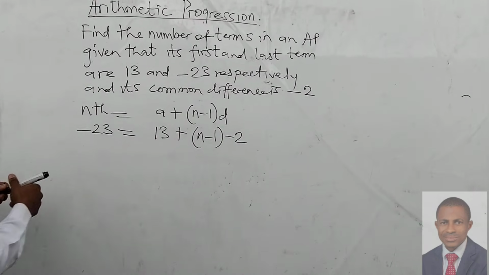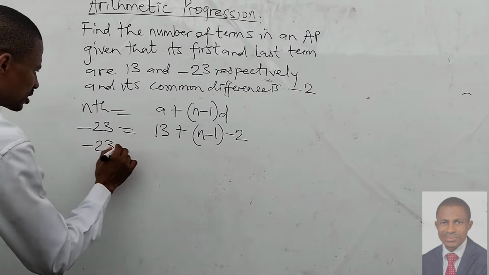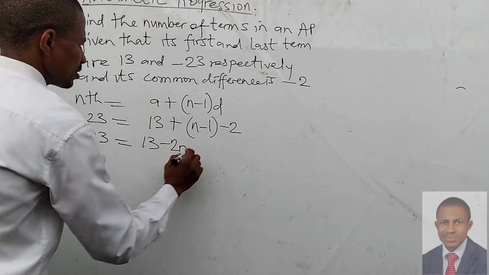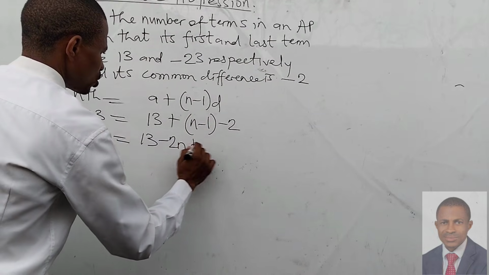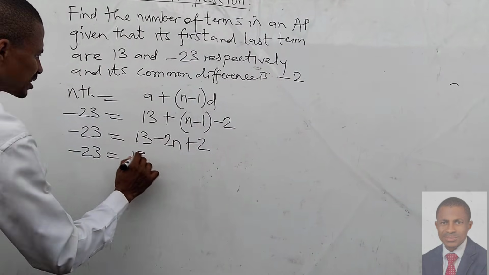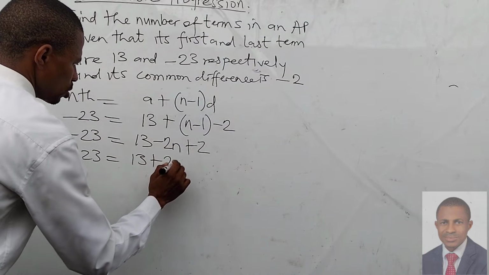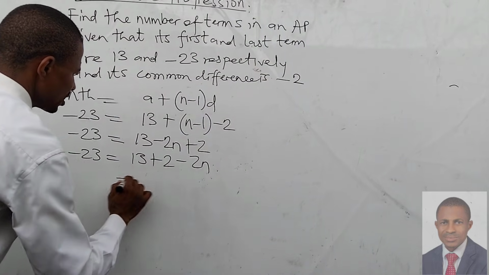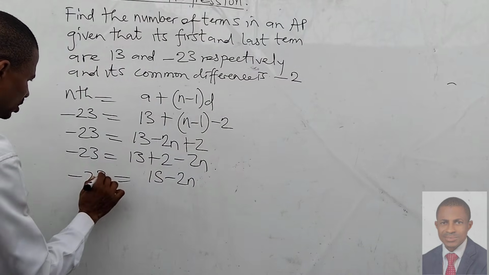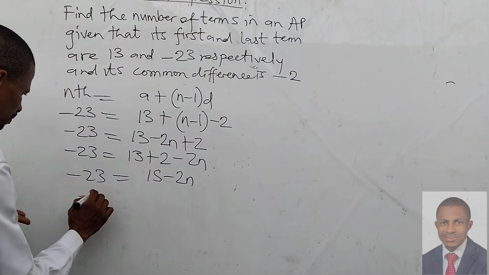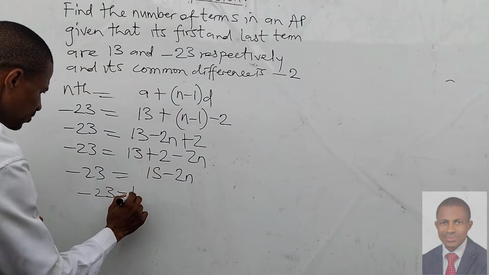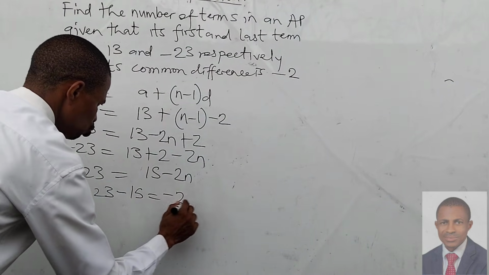So how do we find n here? We have minus 23 equals 13 plus n minus 1 times minus 2. That's minus 2n. Minus times minus, that's plus 2. So we have minus 23 equals 13 plus 2 minus 2n. That gives us 15 minus 2n equals minus 23. So we have minus 23 minus 15 equals minus 2n.